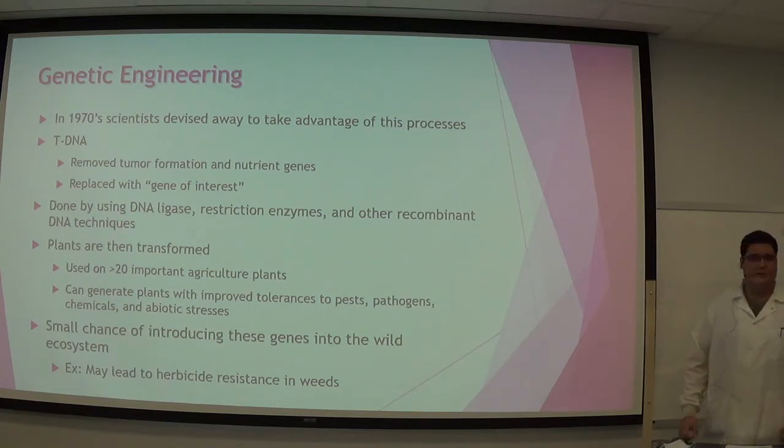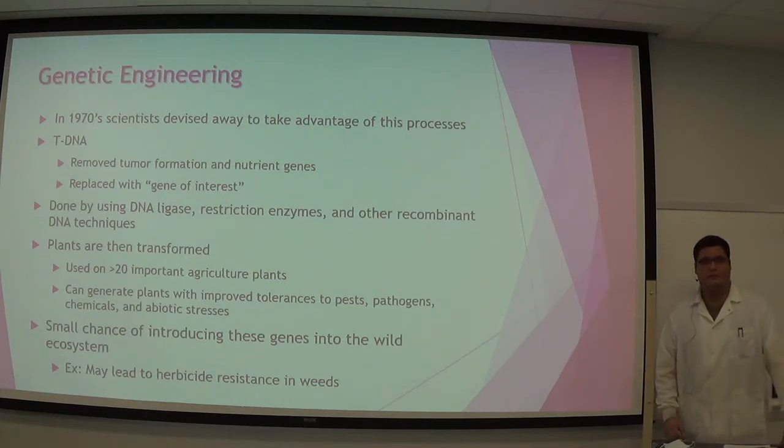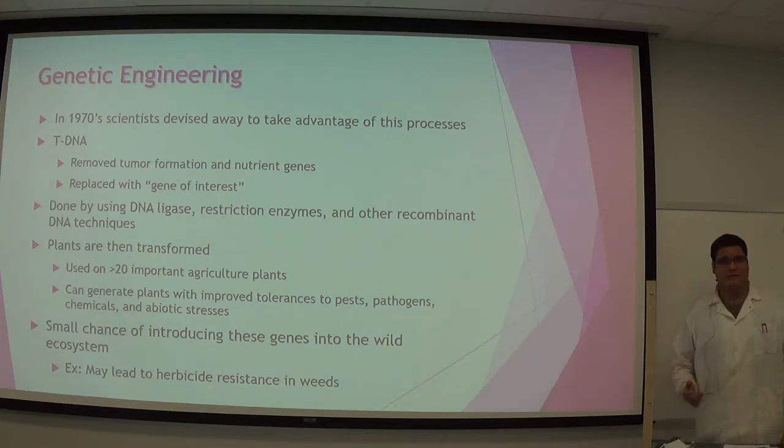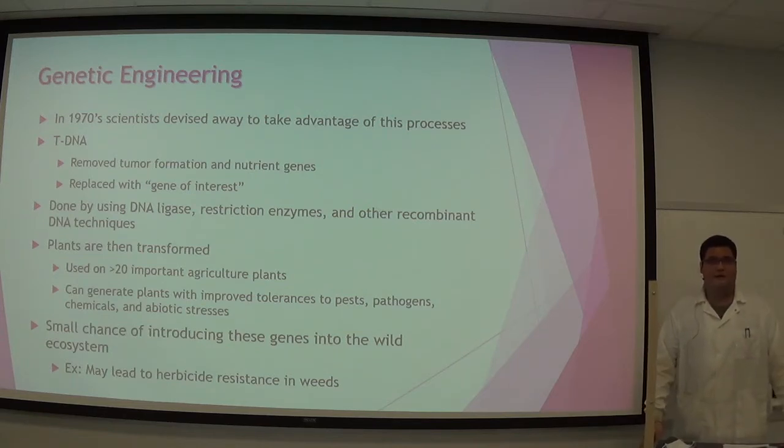Some of the disadvantages of doing this, though, of creating GMOs, is that the gene that we introduce into the plants can sometimes get into other plants that we're not interested in transforming. So, for example, if you guys have heard of Monsanto Roundup, back a while ago, Monsanto introduced this line of Roundup-ready crops.